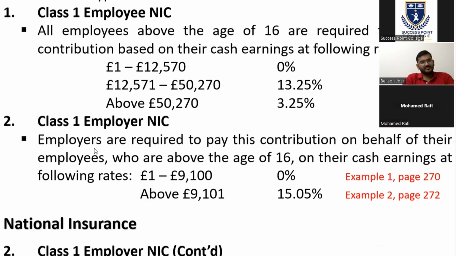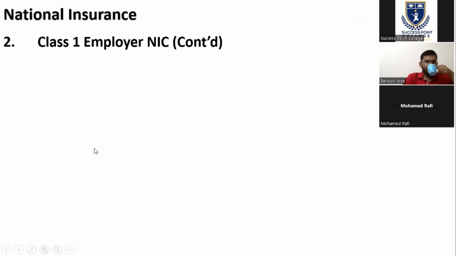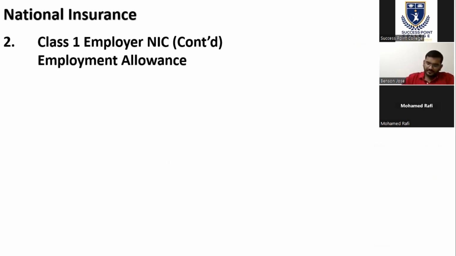So next, please, third, continue with this class 1 employer NIC. The second NIC heading is employment allowance. As you know, the employer has to pay this NIC in respect of every employee. An employee is only required to pay in respect of his own NIC, but the employer is to pay on behalf of all the employees.